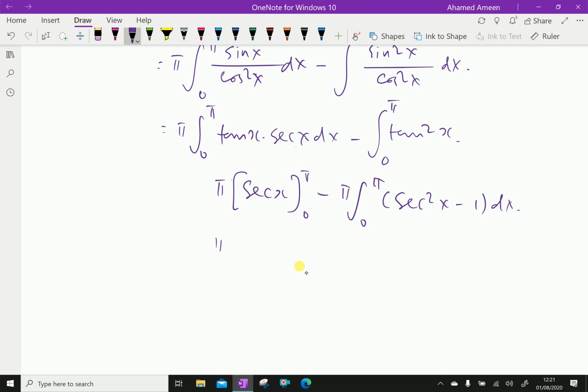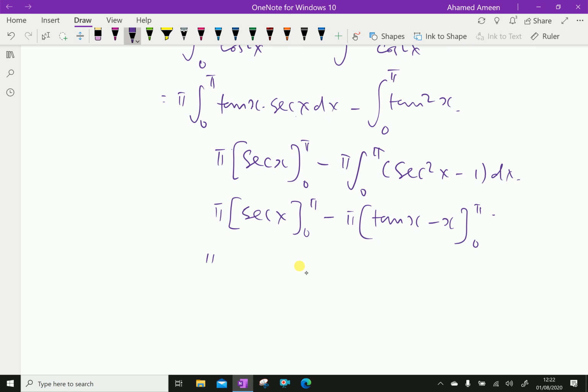So which is equal pi into secant x, 0 to pi, minus another pi into secant squared x, whose integration is tan x, minus 1, whose integration is minus x, 0 to pi.